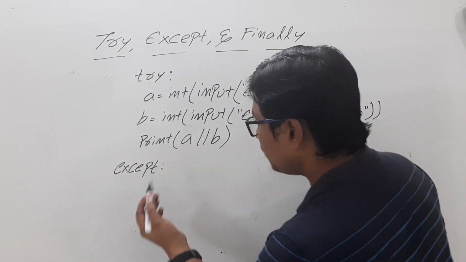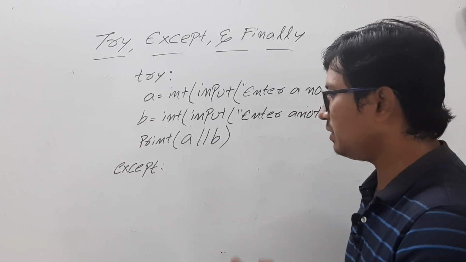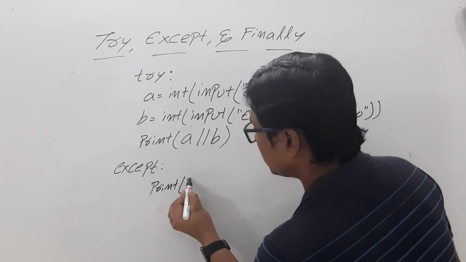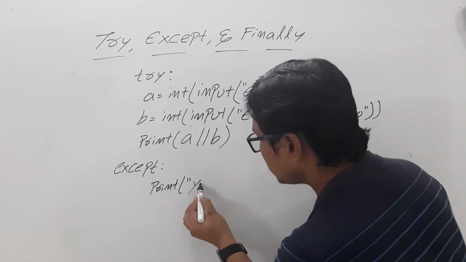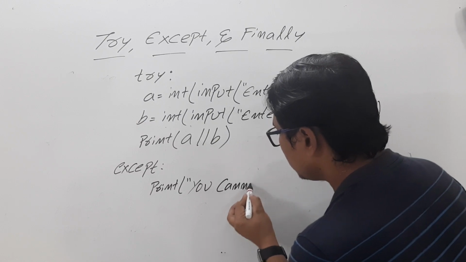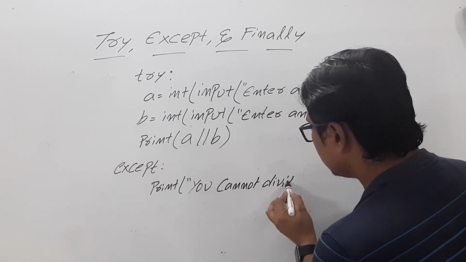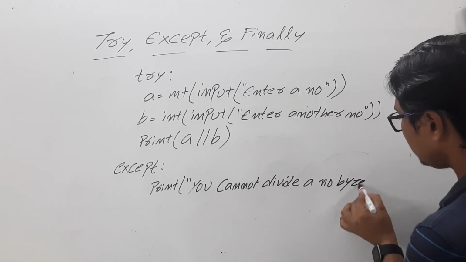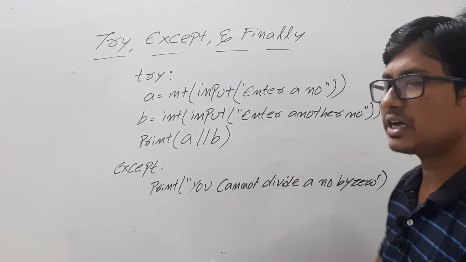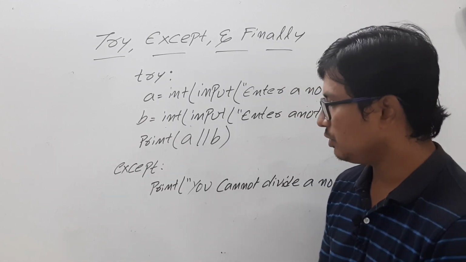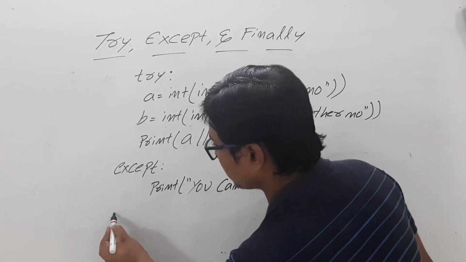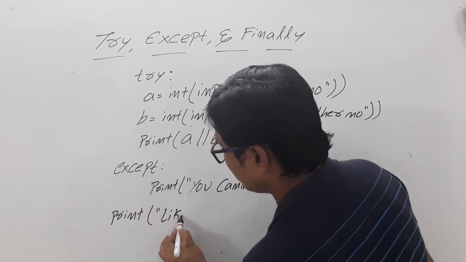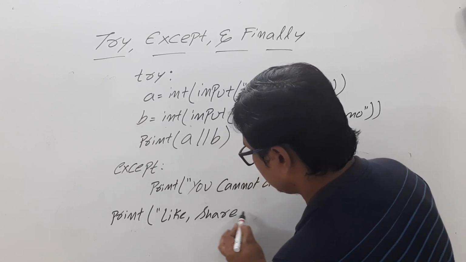Now here I will write print: you cannot divide a number by 0. This is the customized output I want to give to the user. Then I want to write print like, share, and subscribe.